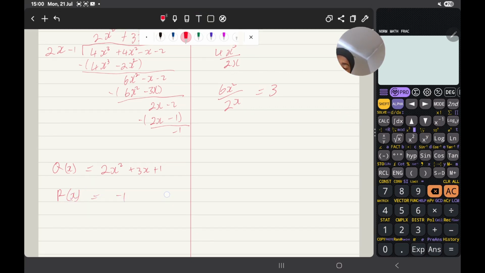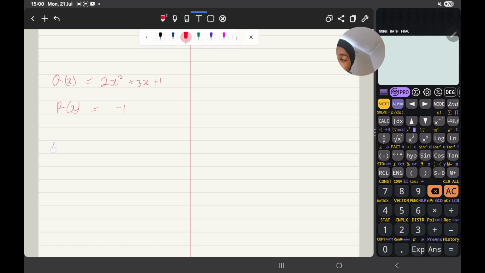So if I write this, it will be something like 4x to the 3 plus 4x squared minus x minus 2 equals 2x minus 1 times 2x squared plus 3x plus 1, then minus 1.